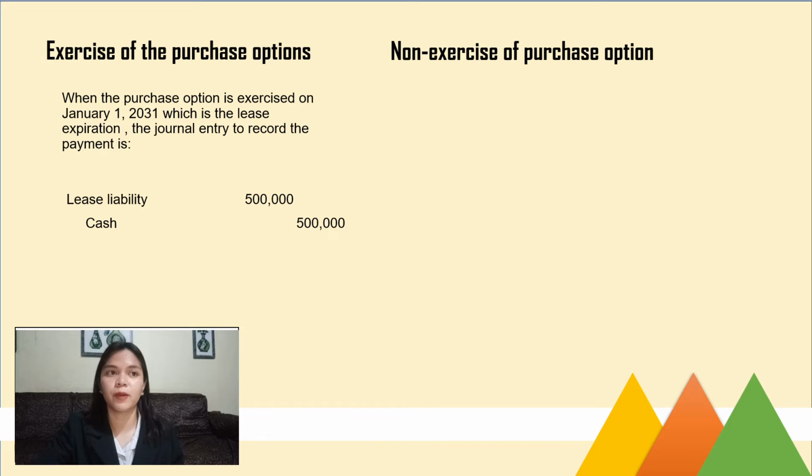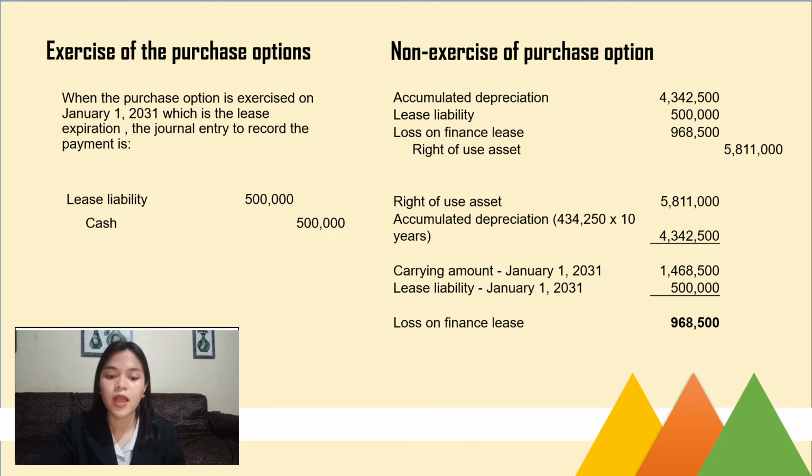Then, if ever naman, we have here the non-exercise of purchase option. However, if for any reason the purchase option is not exercised, a loss is recognized equal to the difference between the carrying amount of the right-of-use asset and the lease liability on January 1, 2031.